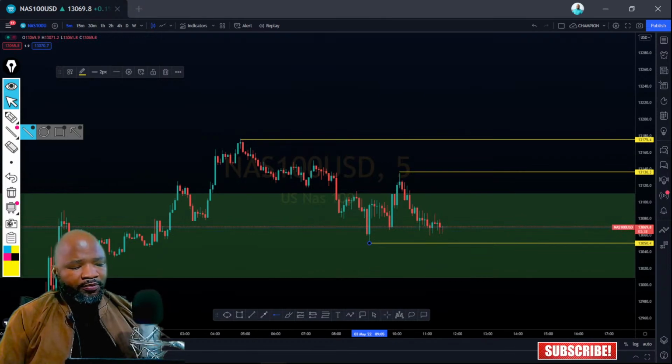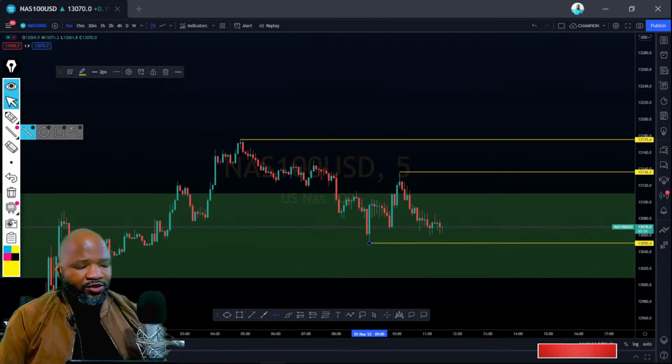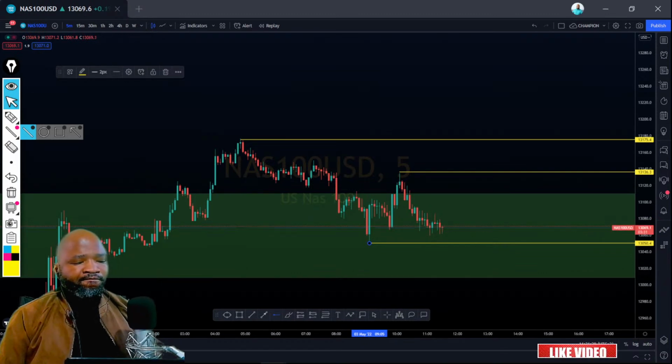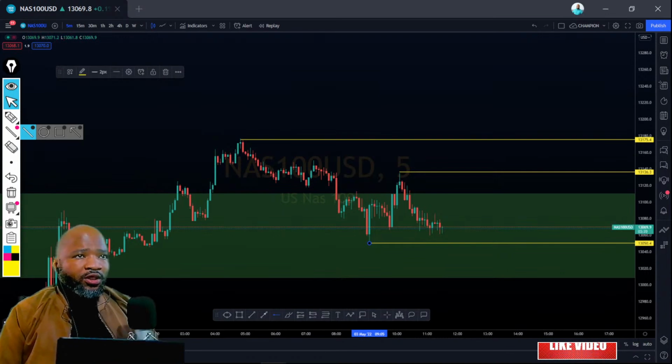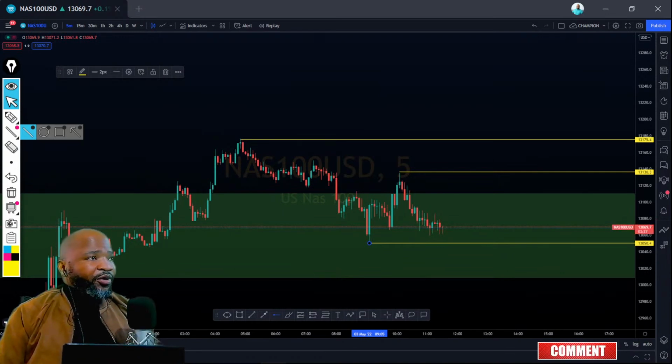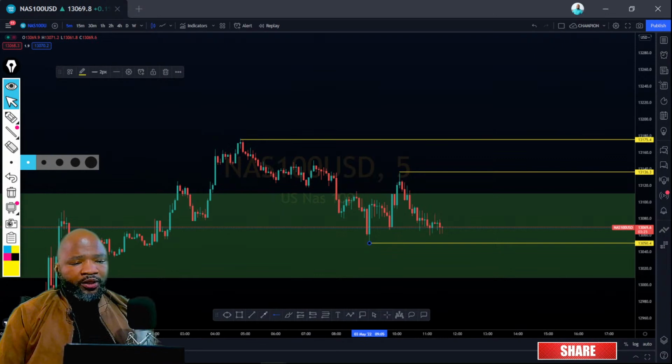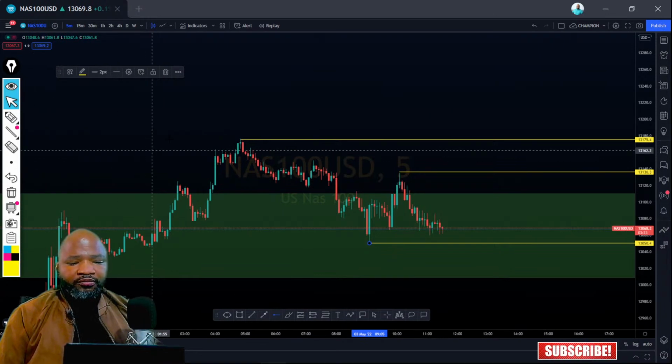You can see our price is moving very slowly. It's not that volatile. It's before the Nasdaq opening session, but it's the London opening session during this time.